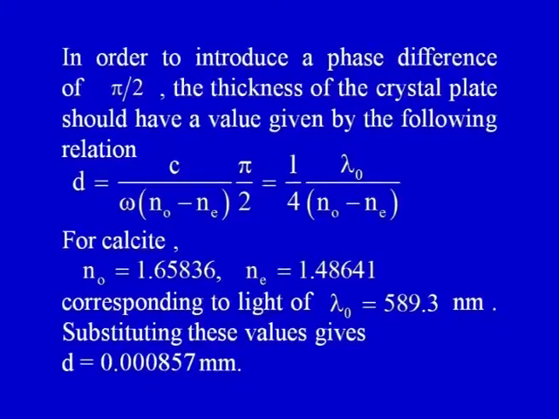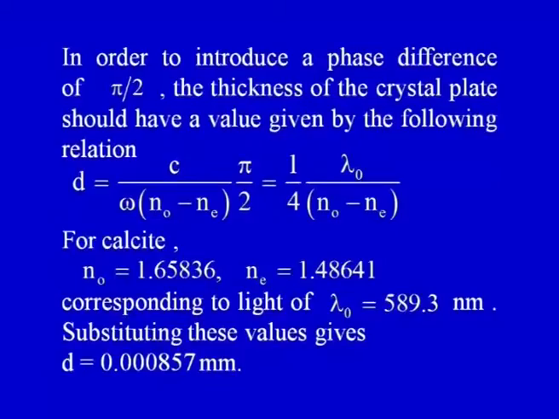In order to introduce a phase difference of pi by 2, the thickness of the crystal plate should have a value given by the following relation: d is equal to c upon omega into n o minus ne times pi by 2, which is equal to lambda naught by 4 divided by n o minus ne.